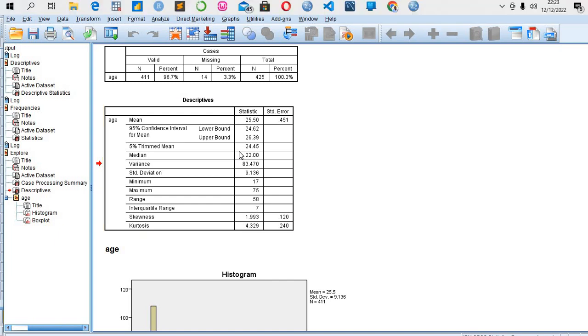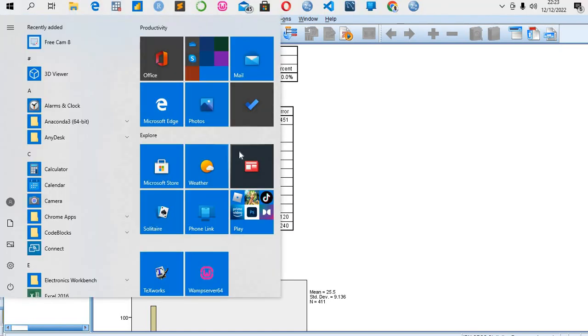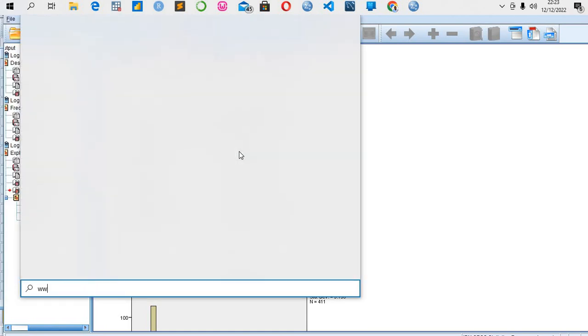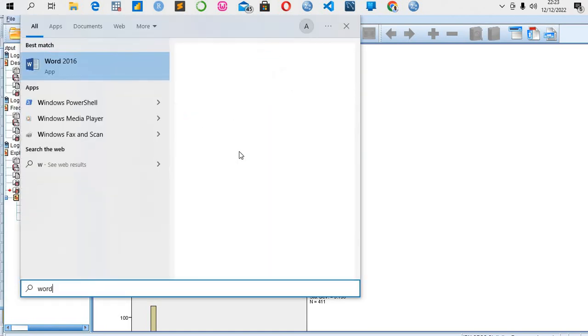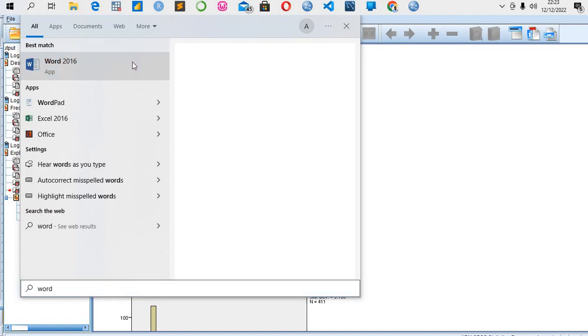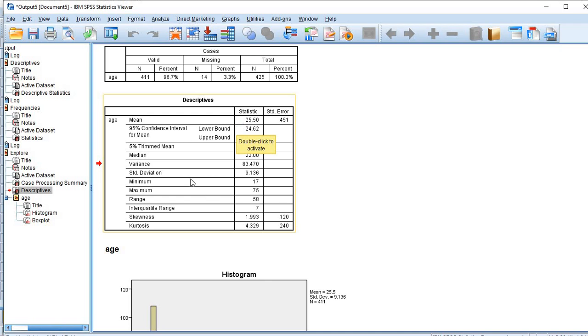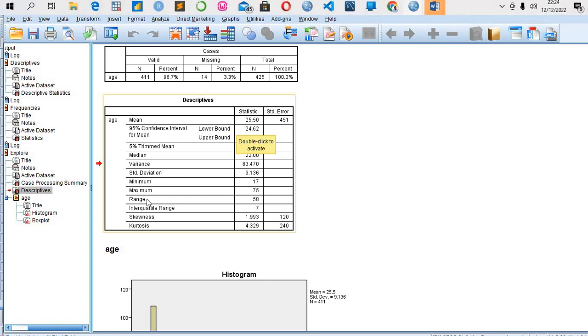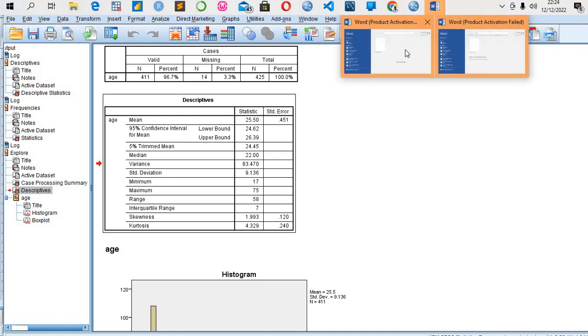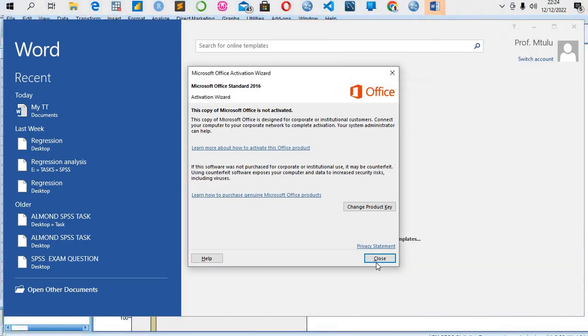I want us to look at this case. Let me try to do a simple math. Let me open a Word document to demonstrate the 5% trimmed mean. Suppose we have some observations.